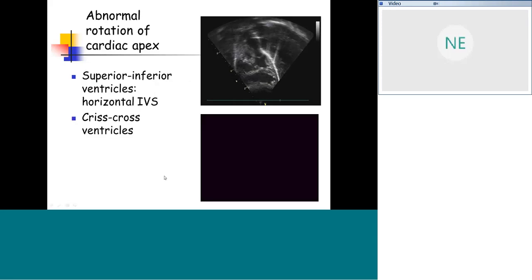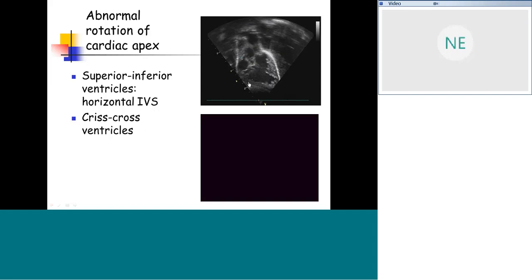Sometimes it's even more complex, that there is abnormal rotation of the cardiac apex. And when there is an abnormal rotation of the cardiac apex, you may neither have D-looped nor have L-looped ventricles. And in that situation, what happens is the ventricles are situated one over the other, as you can see in the first figure, which is called superior-inferior ventricles.